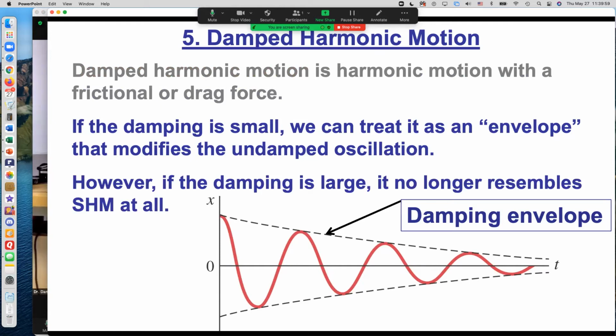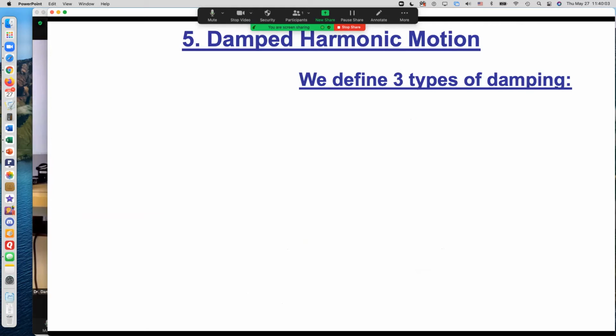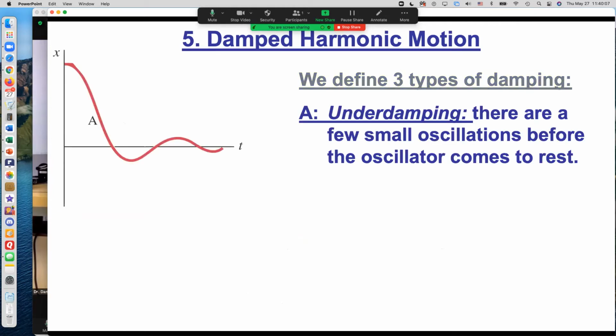Now, there are different types of damping, and we define 3 of them. Underdamping. In underdamping, there are a few small oscillations before the oscillator comes to rest.